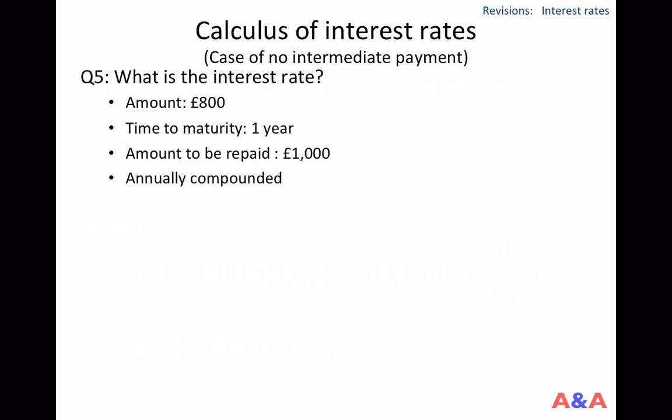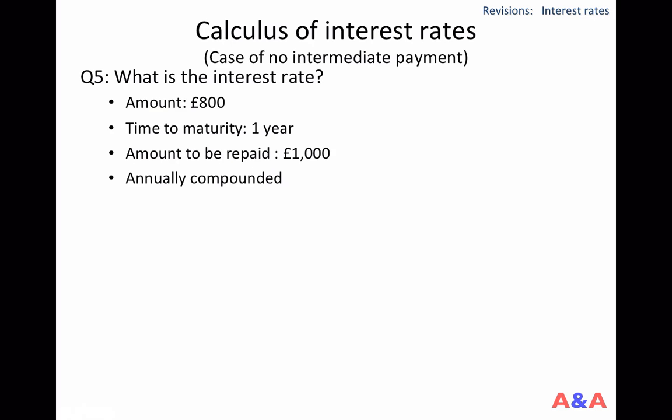Question 5. What is the interest rate? The amount borrowed £800, time to maturity 1 year, amount to be repaid £1,000, and it's annual compounding. Now the question is a little different from previous ones. In previous questions, they were just asking the amount to be repaid.